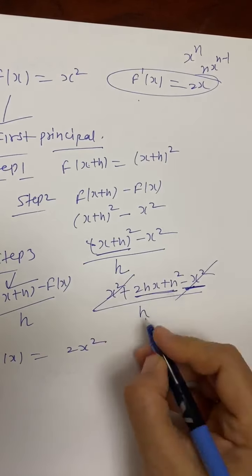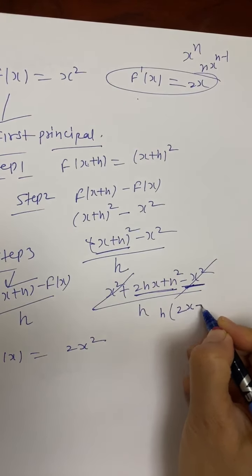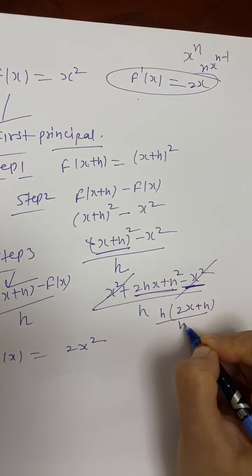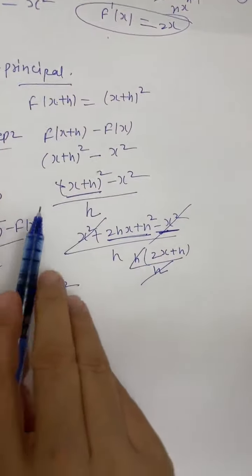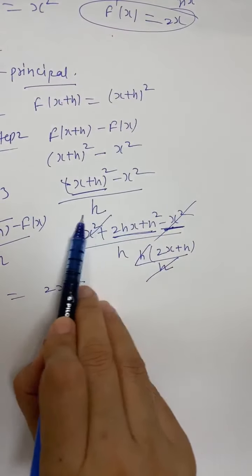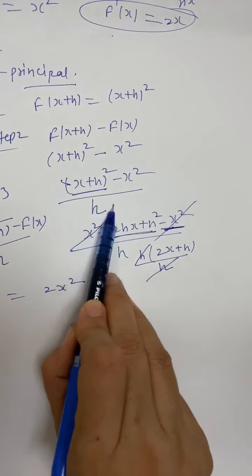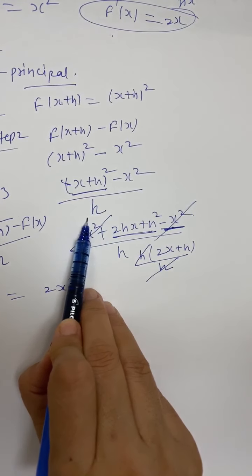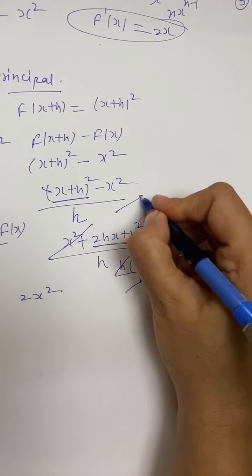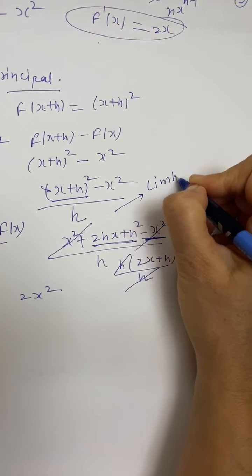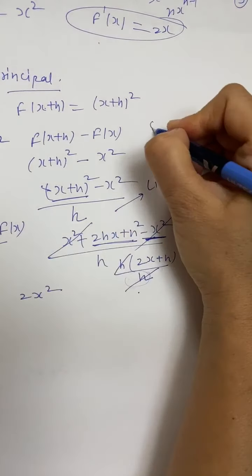Now I can see from here that h is common, so that gives me 2x plus h divided by h. And this h should also cancel, because what is the problem here? If I let h approach 0, then we have 0 in the denominator, which means it's undefined. So that is a problem. Before we start saying that limit h approaches 0, this h should get cancelled. So that is your step number 4.